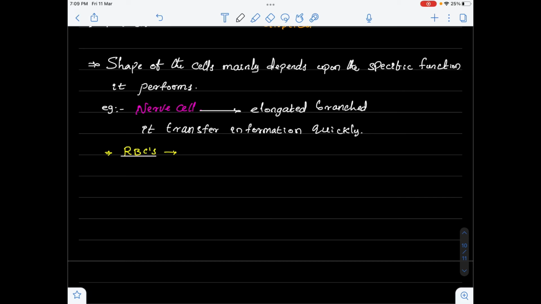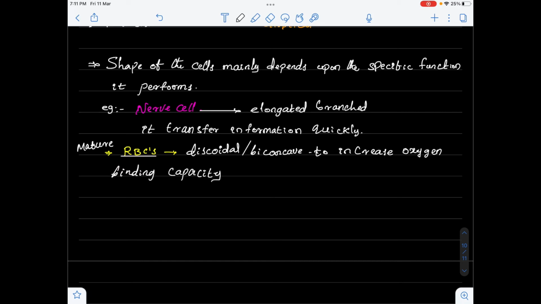So by losing its nucleus and all other cell organelles, red blood cells achieve biconcave or discoidal shape. Red blood cells are in discoidal or biconcave shape to increase oxygen binding capacity with hemoglobin.